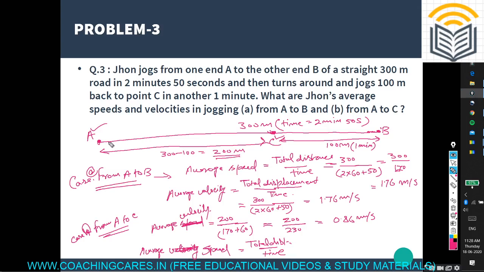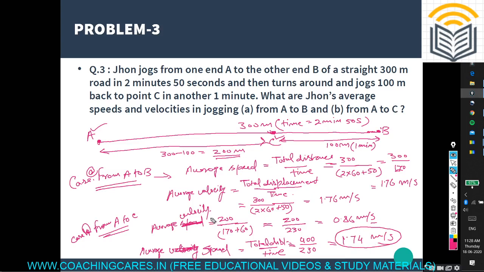Total distance: from here to here it reached 300, then again 300 plus 100, 400, divided by total time, which is the same for A and C, 230. So that will be equal to 1.74 meter per second.